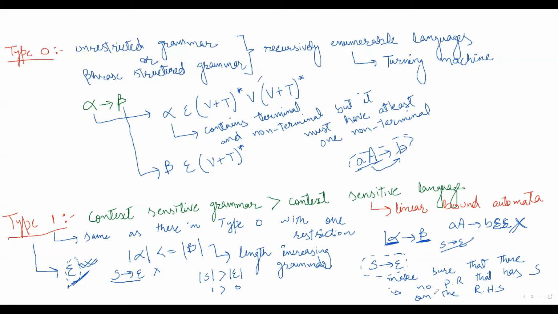What is a type 1 grammar? As I said, type 1 grammar is also called a context sensitive grammar. Now the third type of grammar is type 2 grammar.